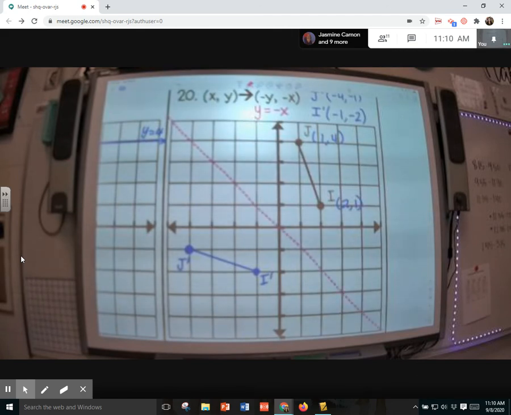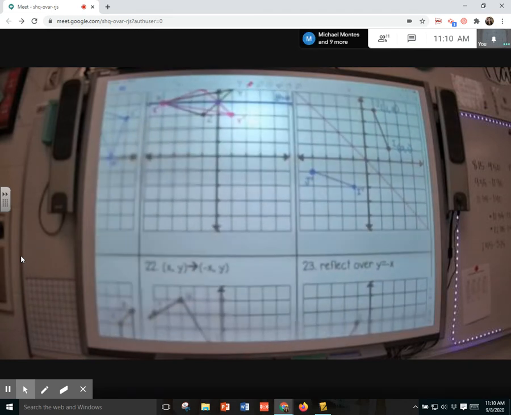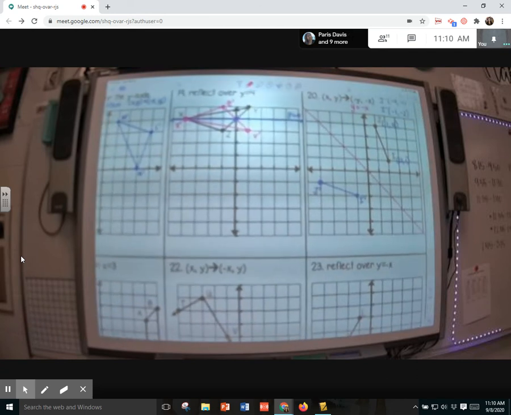So if I folded it directly in half over that pink line, they'd line up perfectly. Okay, any questions?